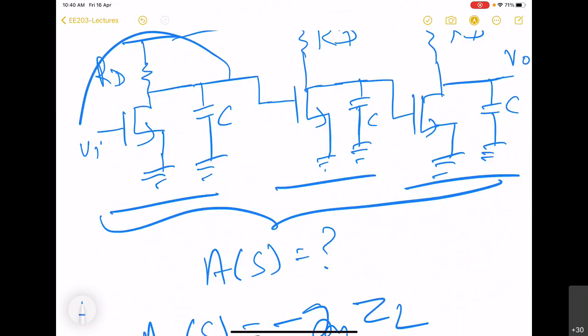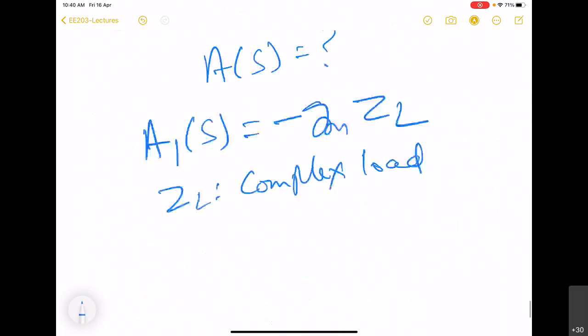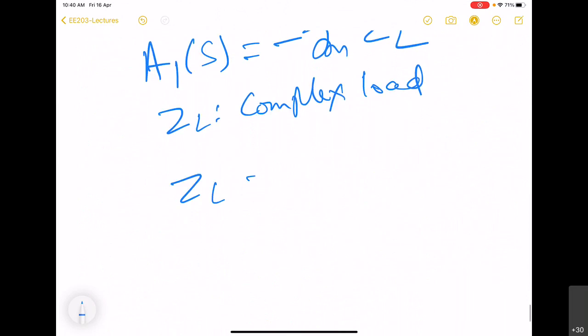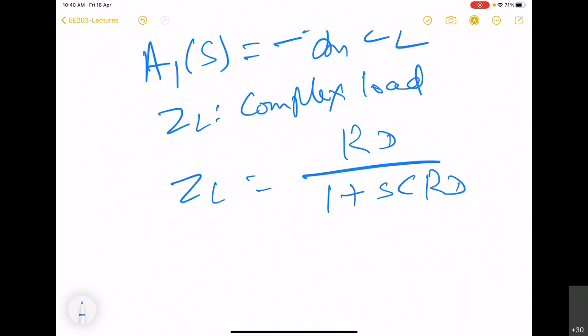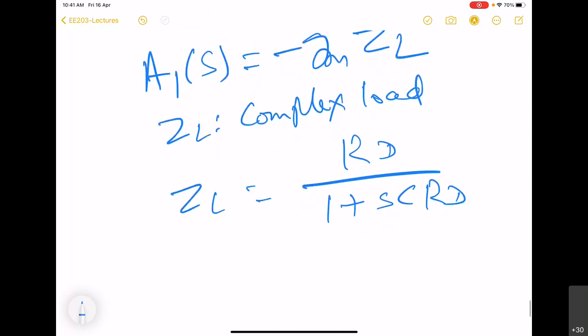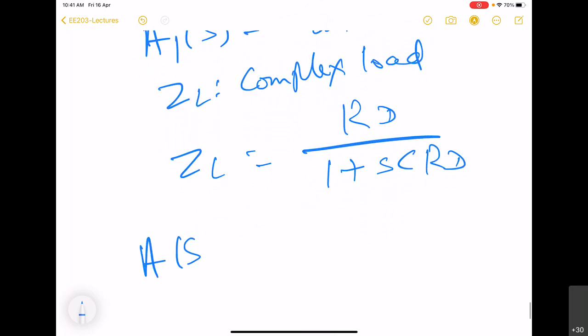So for one stage, which is this one, here we see that RD and this C, they are in parallel, so they form a complex load. So ZL is going to be RD divided by 1 plus sC RD. So this is going to be the transfer function of the one stage. So overall transfer function is simply going to be the cube of this one.